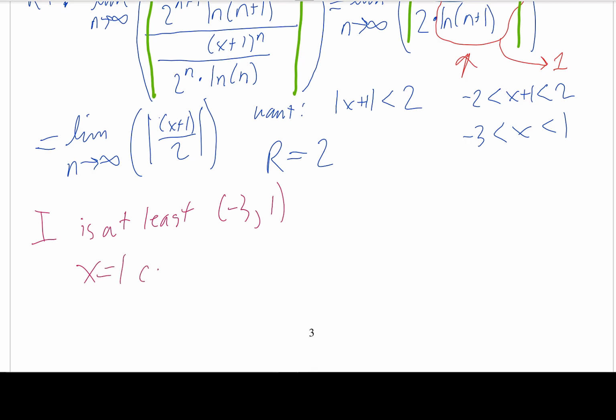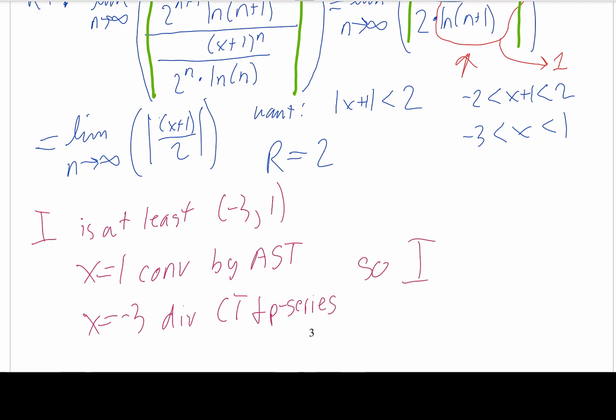Well, x equals 1 is going to converge by the alternating series test, and x equals -3 will diverge by the comparison theorem, in which you should use the p-series. So the interval of convergence will be -3 to 1, including 1.